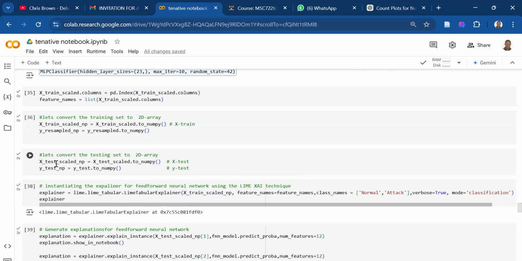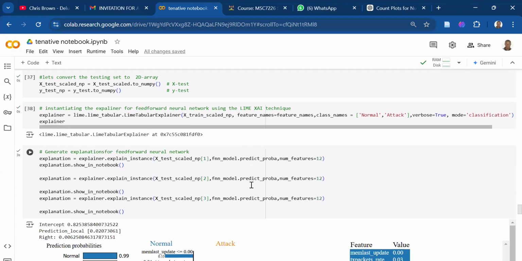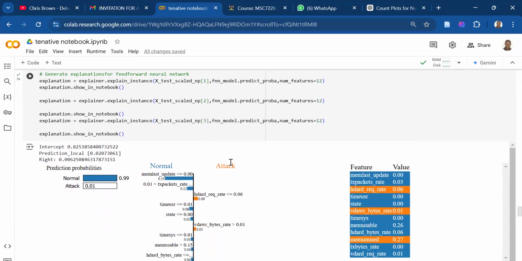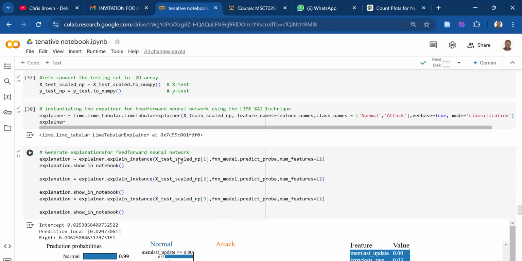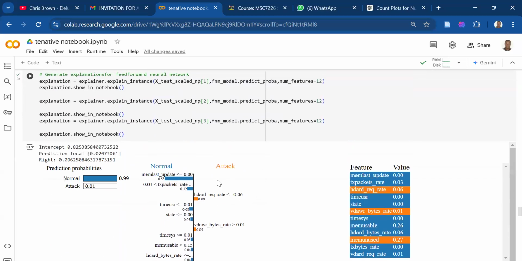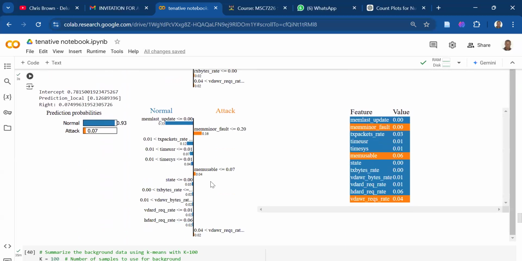So I also had to convert the test data to a 2D NumPy array. After that, I ran this code here. I came up with these explanations.